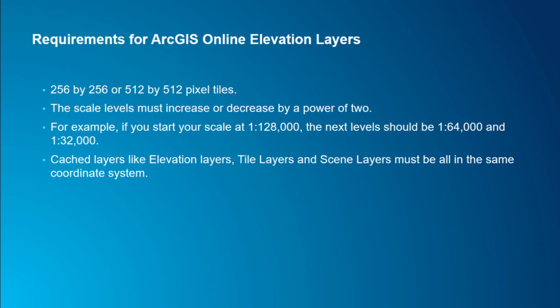You also want to have your tiling scheme set to the power of 2. So like the example that's there, I'll have one scale level at 1 to 128,000, and then the next one to 1 to 64,000.